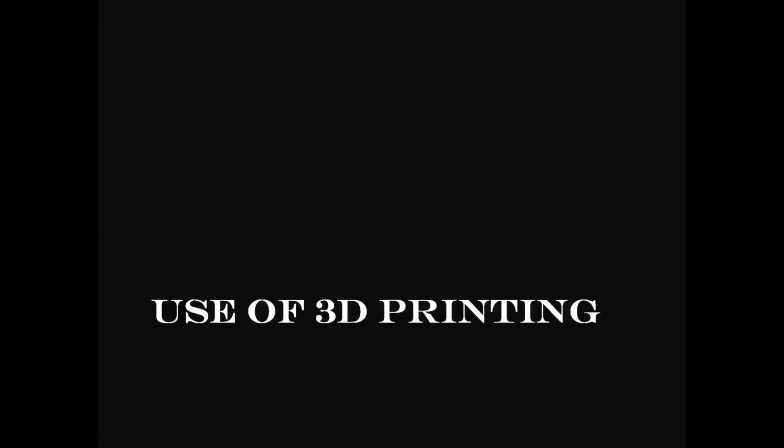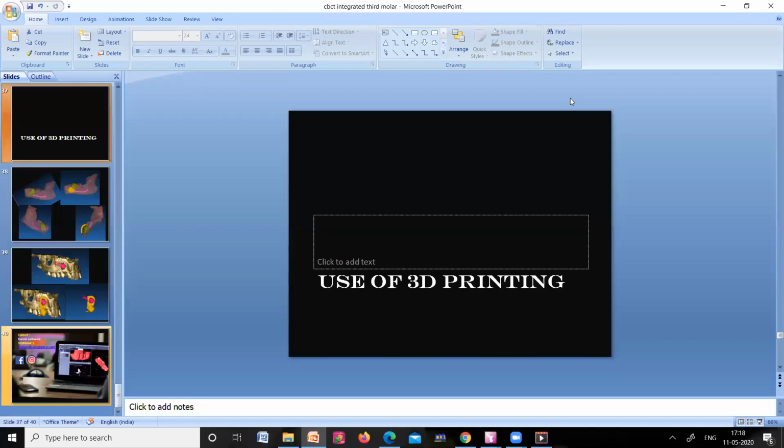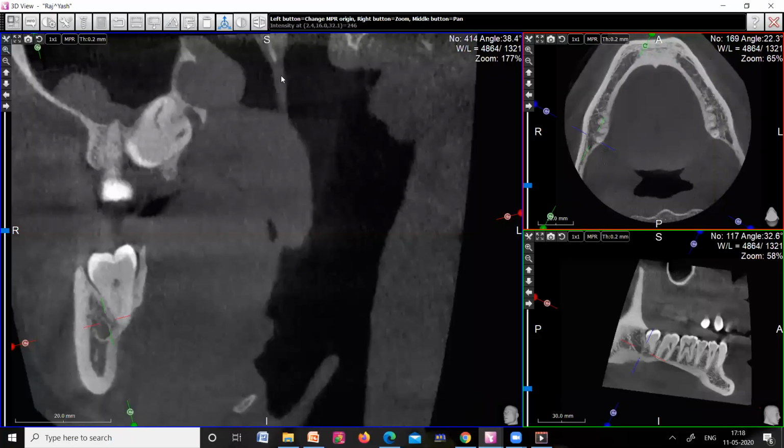So before going into the use of the 3D printing, let me just take you through the software. Now let me start again. As I told you, there are three sections: coronal, sagittal, and axial. By this, you will never realize which is the coronal, which is the sagittal, and which section it is.